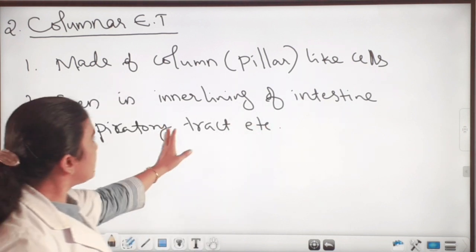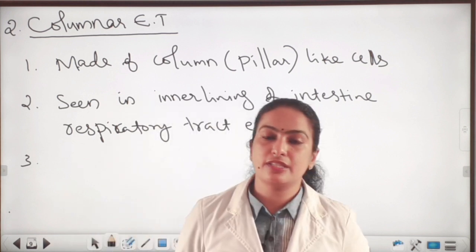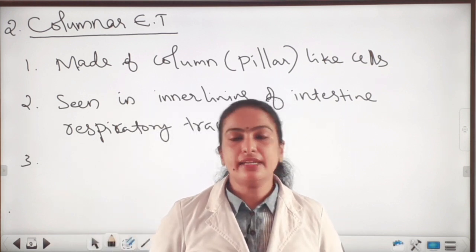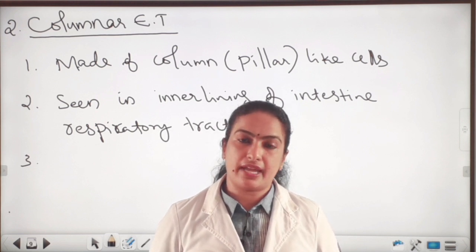And in the respiratory tract, there is a peculiarity in the case of columnar epithelial tissue. That is, cilia are present in the respiratory tract.